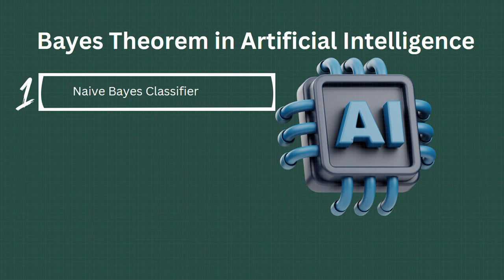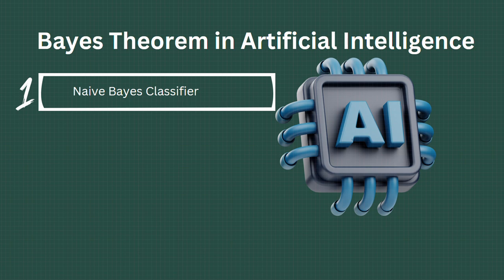One of the most famous machine learning models, let's say, is the naive Bayes classifier, which is used in supervised learning. It is used in many fields. This is one of the machine learning models based on Bayes theorem, and it is used in spam filtering.